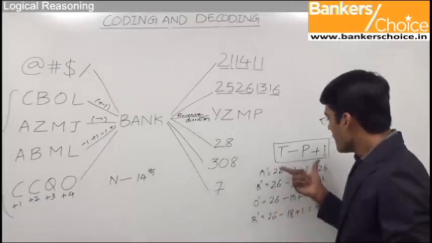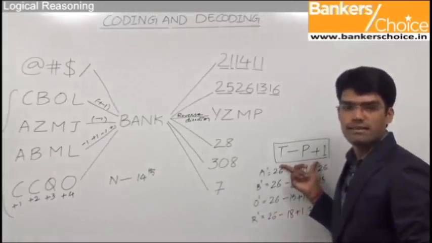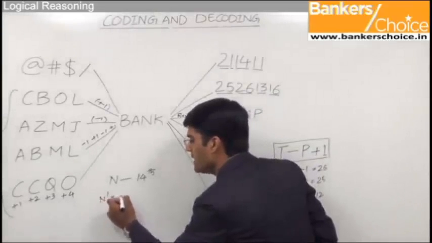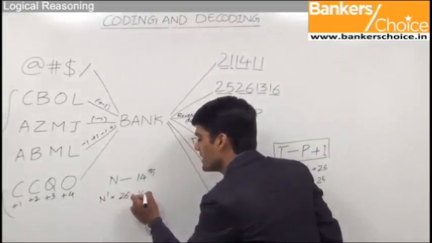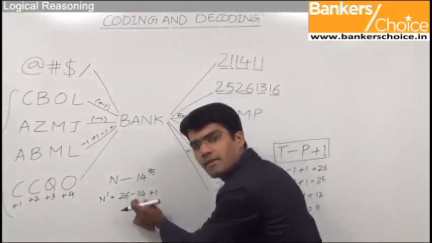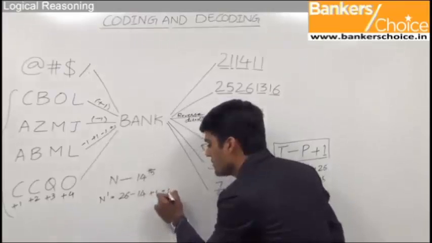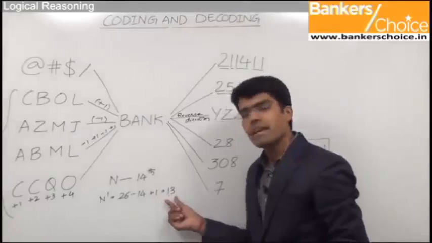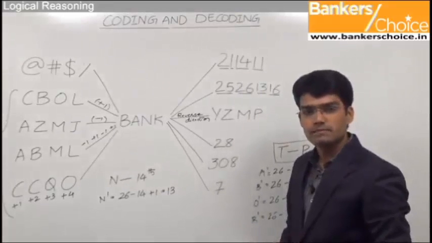And that can be done with the help of this formula, as we have already discussed. So we can say that the position of N in the reverse side will be 26 minus 14 plus 1. That is total number of letters minus position in the alphabetical order plus 1, which comes out to be 13. So we can say that N from the reverse side is going to be the 13th letter.